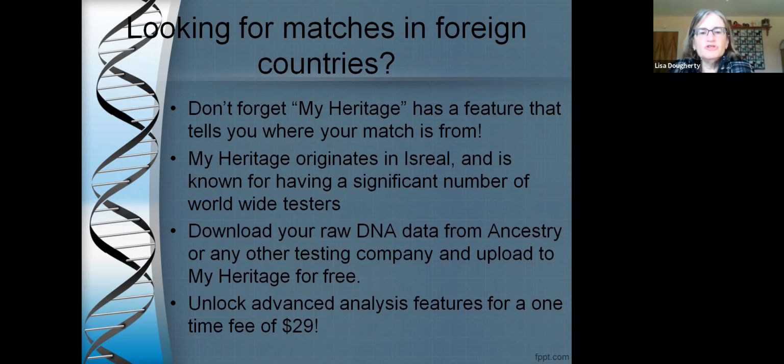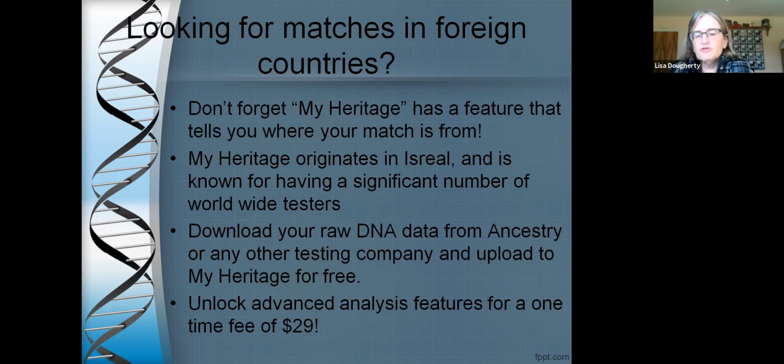You can download your raw DNA data from Ancestry to any other testing company other than 23andMe. And you can upload to MyHeritage for free. If you want to use MyHeritage's tools, you pay a one-time fee of $29, and then you can use their DNA tools.